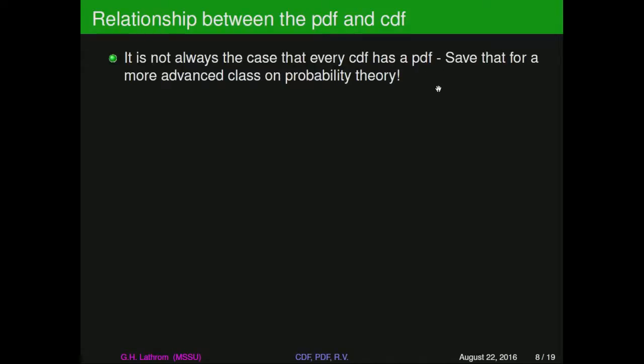That is something we will save for a more advanced class on probability theory. For us, every CDF is going to have a PDF. That's one of the finer points. Just know that it's out there, and it's a topic that can be explored in a more advanced class.